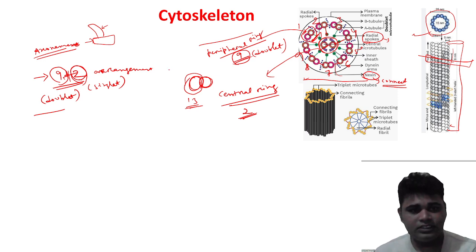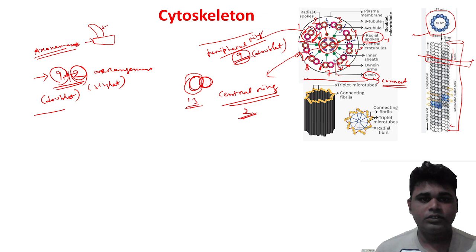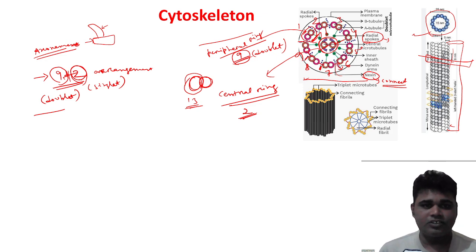Now to this peripheral link structure, a structure like this is present. Here the 3 dots, if we see this, this is the main important structure, called the dynein arm.